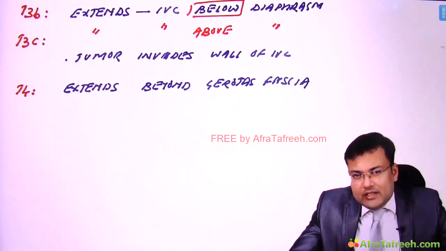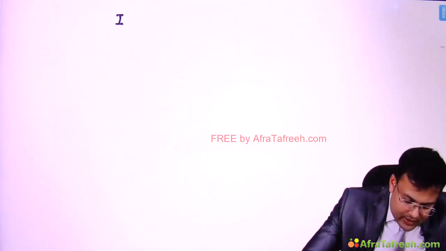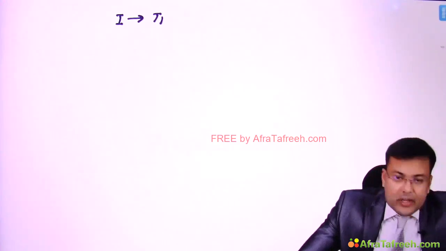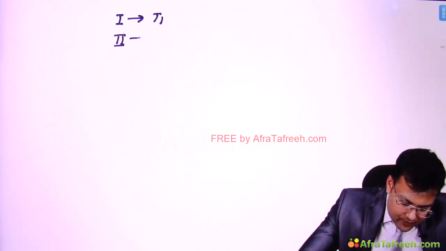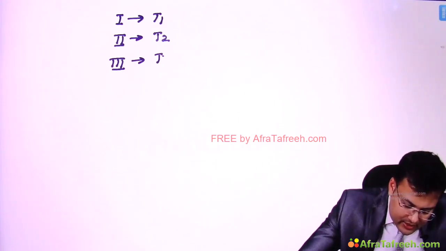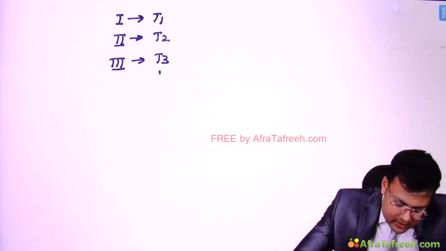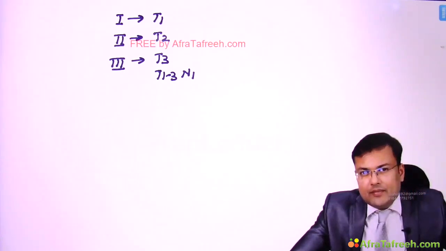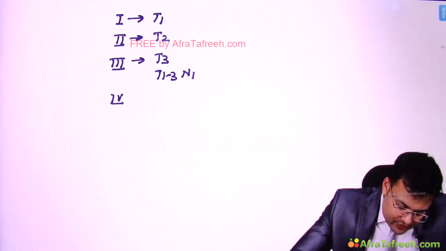Now see the staging, which is also very, very easy. So if you see the stage 1, it is T1. Clear? Stage 2, it's T2, and stage 3, it's T3, or when the first lymph node comes, it's T1 to T3 N1. And what is included in stage 4?